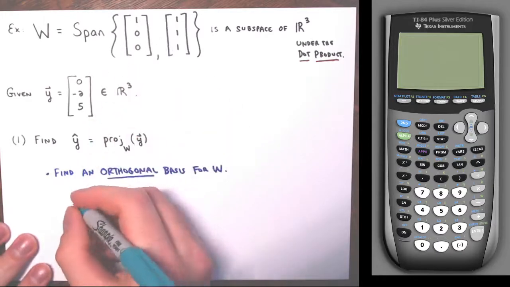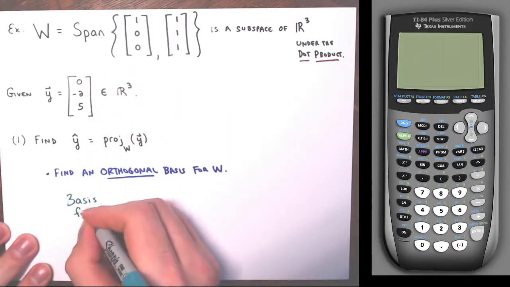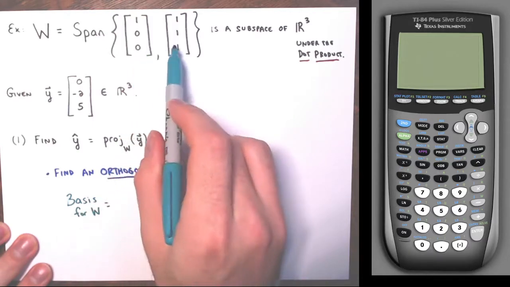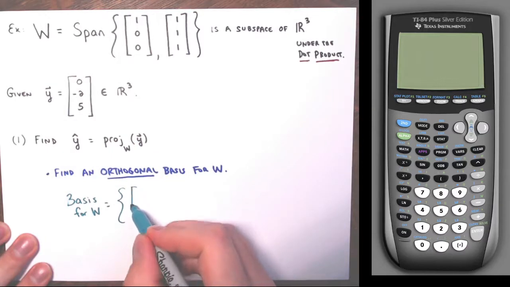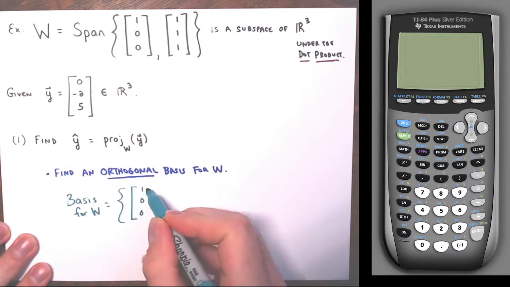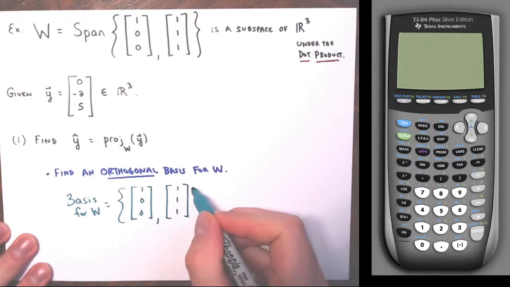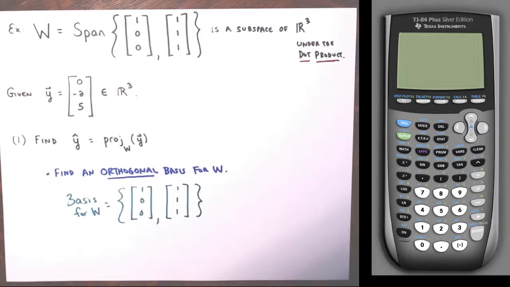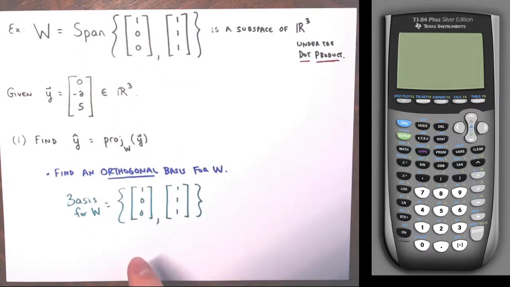I can tell you here's a basis. A basis for W in this example is, clearly the way I've set it up, the set with the two vectors 1, 0, 0 and 1, 1, 1. But this is not orthogonal. It's a basis, sure, it spans the space and these are independent vectors, but this is not an orthogonal set.